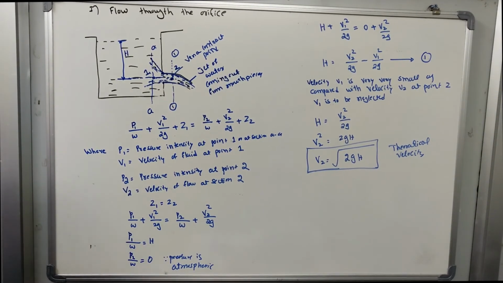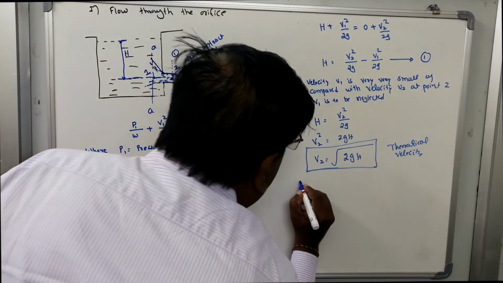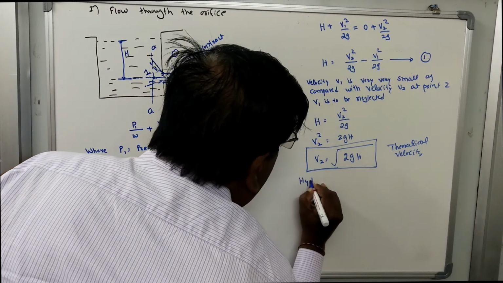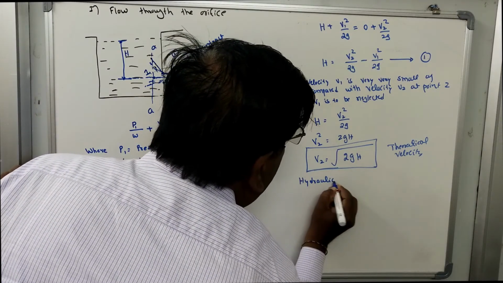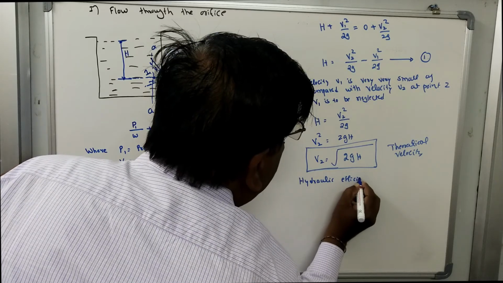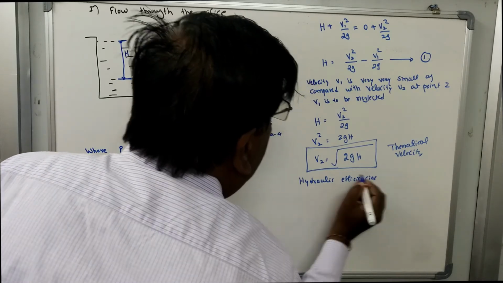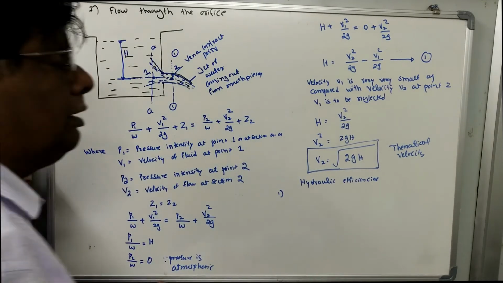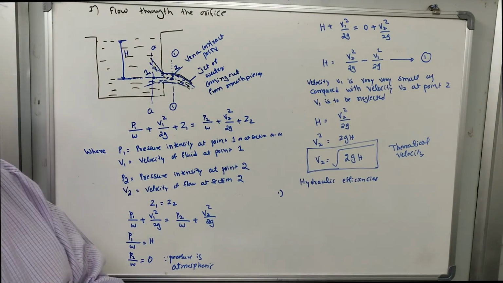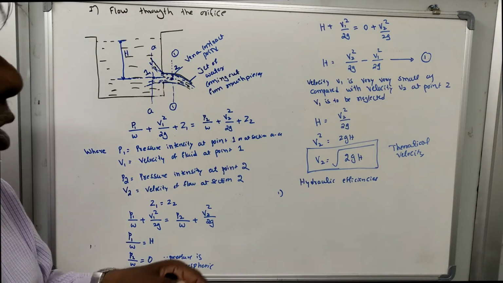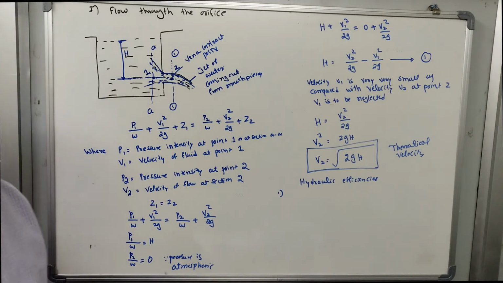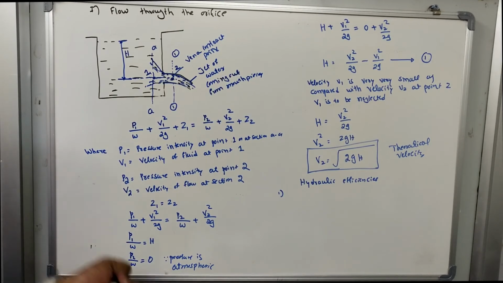Based on this theoretical velocity, we have three types of hydraulic efficiencies. This is the theoretical velocity, but the actual velocity is something different, so you have to apply some corrections to get the actual velocity.